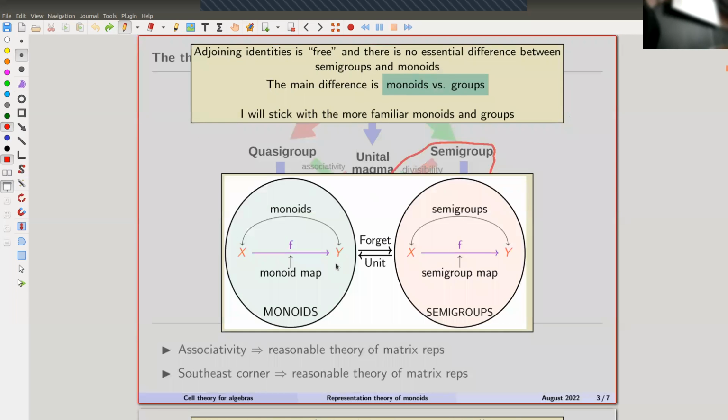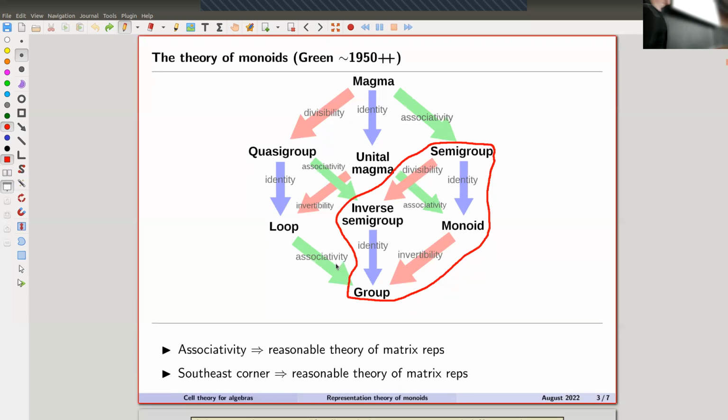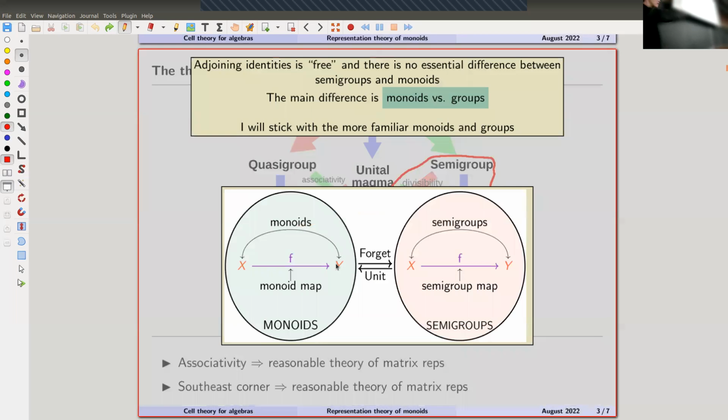And I get this question a lot, and it took me kind of 4 years to answer it. So here's the difference between semigroups and monoids. Semigroups and monoids are related by a purple arrow, so by the identity. And I'm completely going to ignore that because there is this nice adjunction. I never know which one is left and which one is right, but it's a forgetful functor.